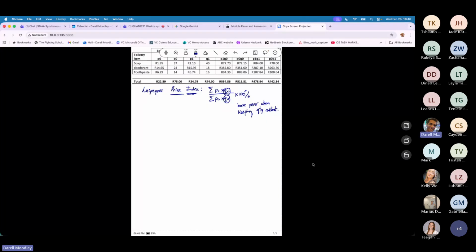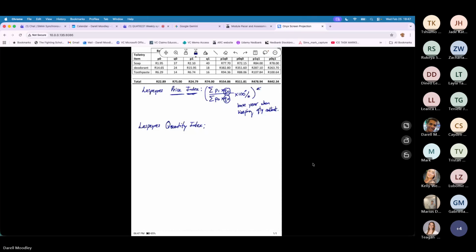But you can get asked to work out the Laspeyres quantity index. Now, this formula is not given to you. You have to derive it, but you can derive it by looking at the price index formula. Let me walk you through this, and you can easily adapt it to get the quantity index.